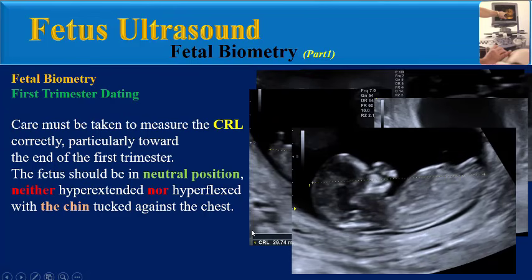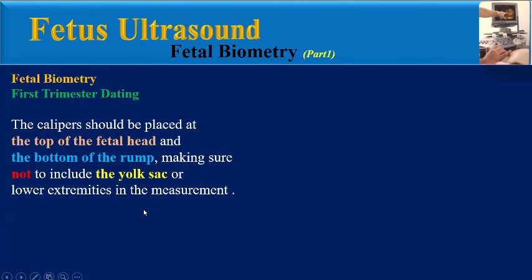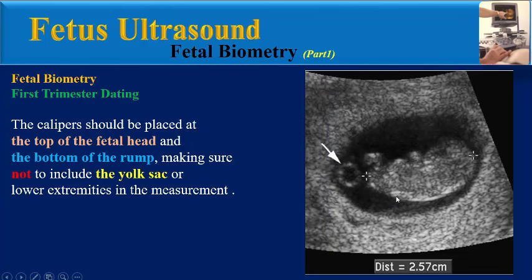And the last point is that the chin of the fetus must be tucked against the chest. The calipers should be placed at the top of the fetal head and the bottom of the rump, making sure not to include the yolk sac or lower extremities in the measurement.